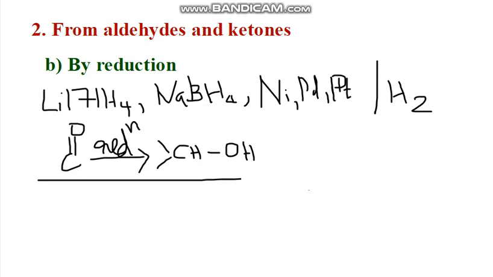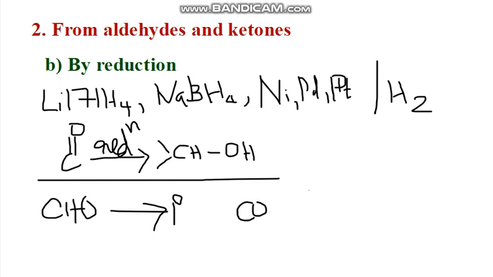This is how the reduction of carbonyl compound occurs. In case of aldehydes, CHO, when they undergo reduction, we will get primary alcohols. Then in case of ketones, it will give secondary alcohol. This is the case of reduction.